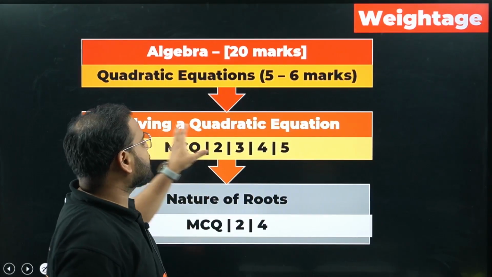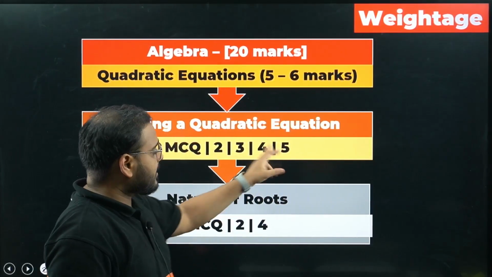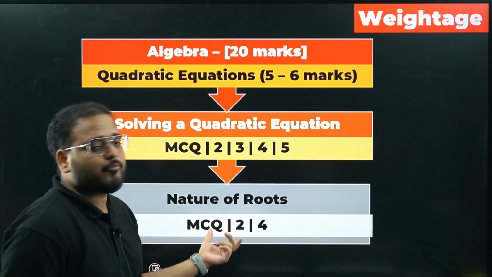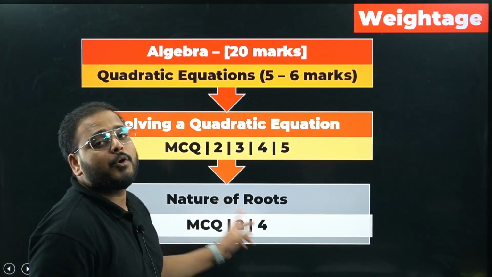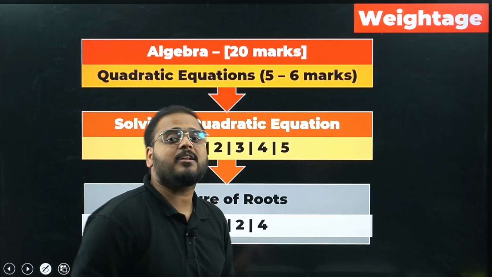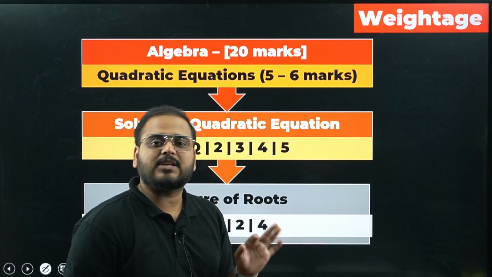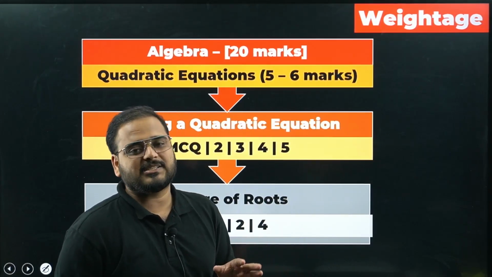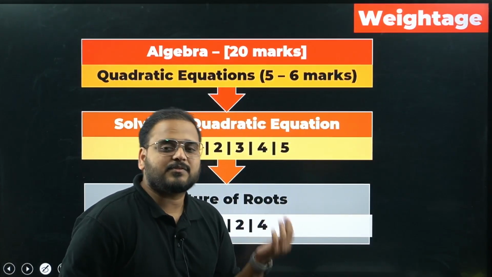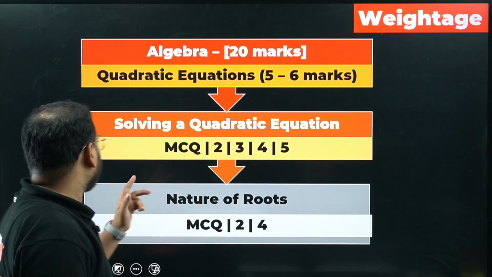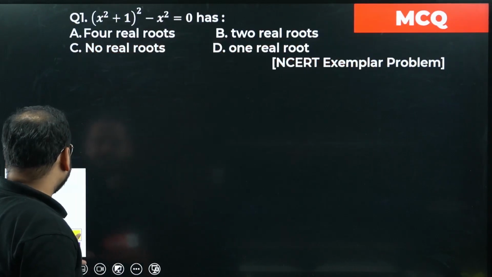It means in solving a quadratic equation you can expect an MCQ, even a 5 marker, even a 4 marker case study, and the same goes with nature of roots. MCQ can come, 2 marker can come, and a 4 marker question can also be framed from this chapter. Total weightage 5 to 6 marks you can expect from this chapter, 6 marks maximum, will not be more than 6 marks. That's a good amount of weightage, right, from the algebra unit and the chapter quadratic equation, right?